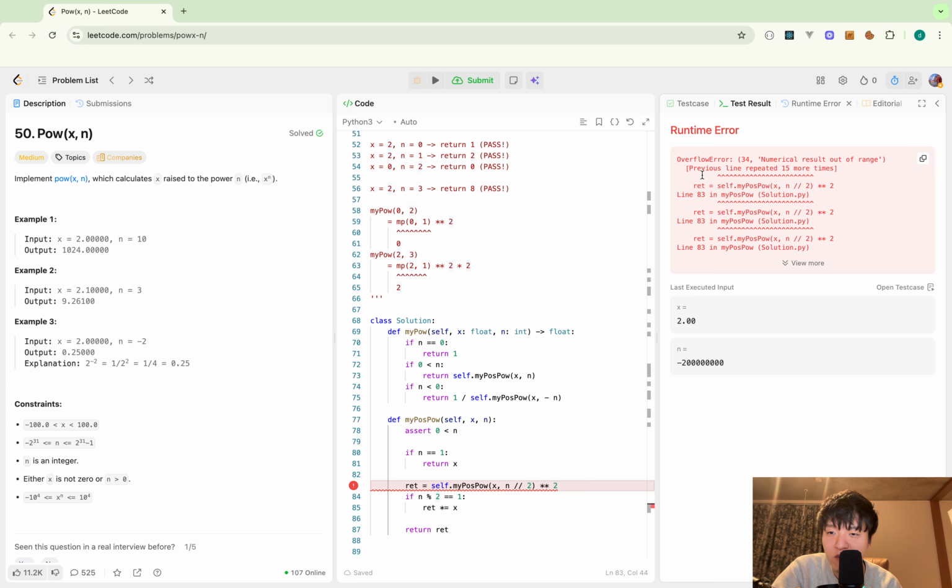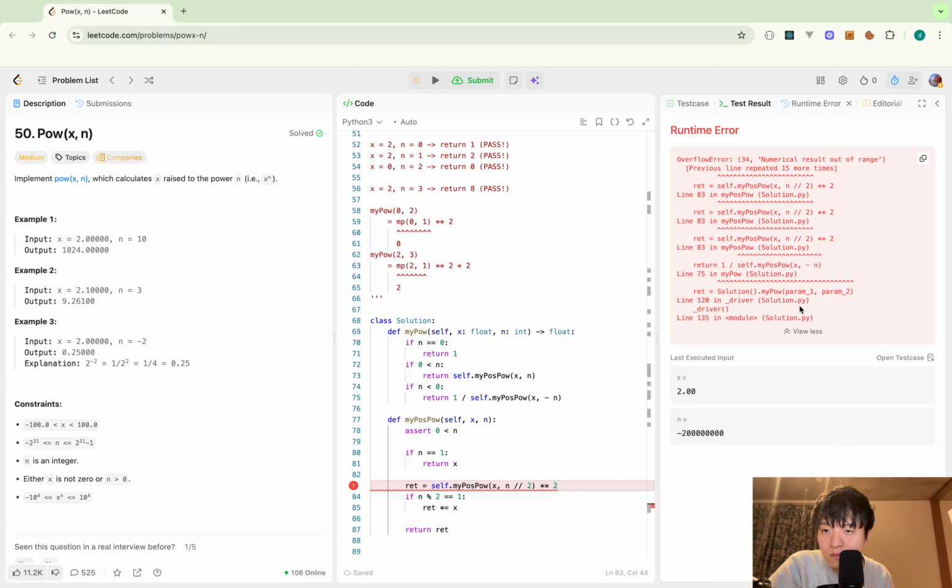Previous line repeated 15 more times. Seems like the recursion is the problem, maybe? Let me search this. Yeah, so this means obviously the number is too large.